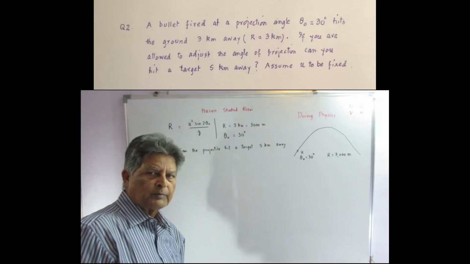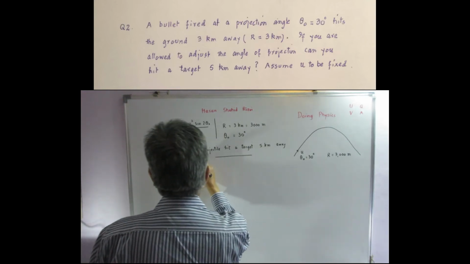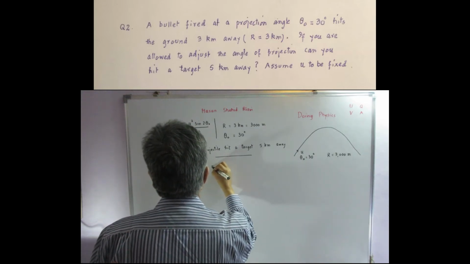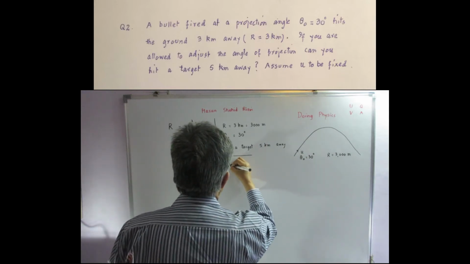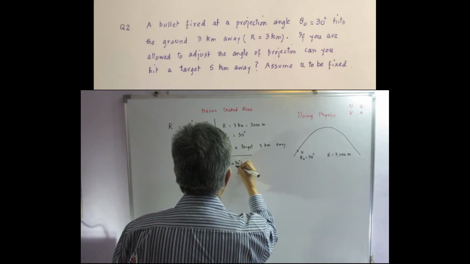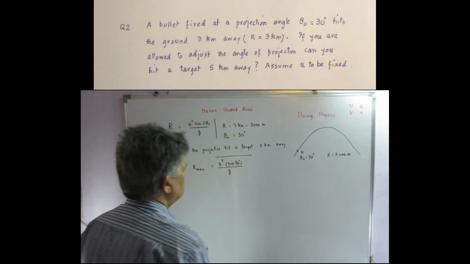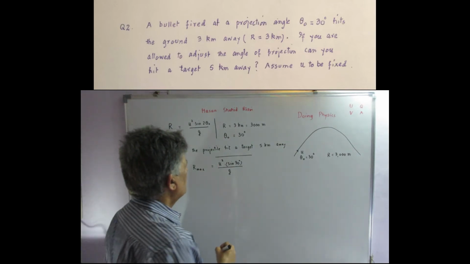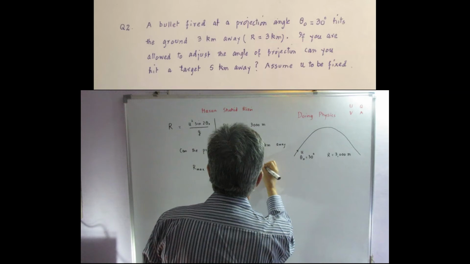So let us see what we can obtain. Range maximum is equal to u square into sine of 2 into 45 degrees, which is 90 degrees, which is equal to 1, divided by g. So this is the maximum, equal to u square upon g.